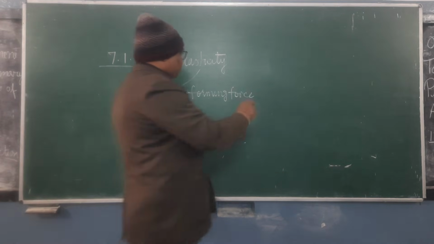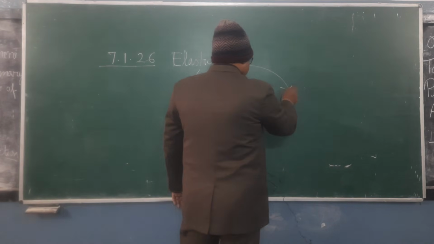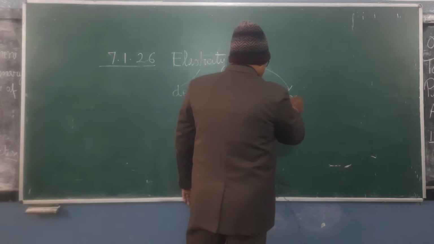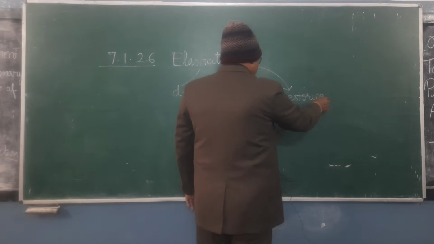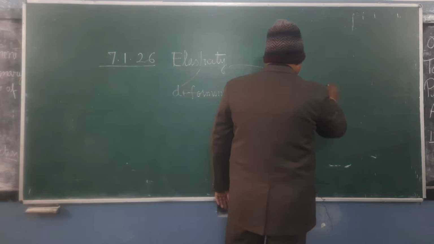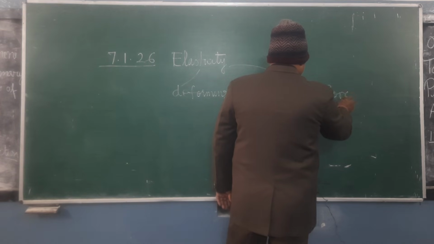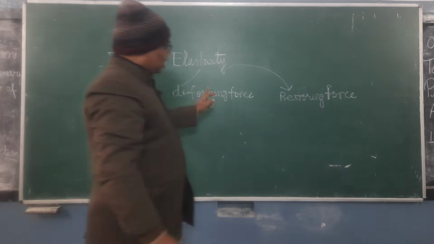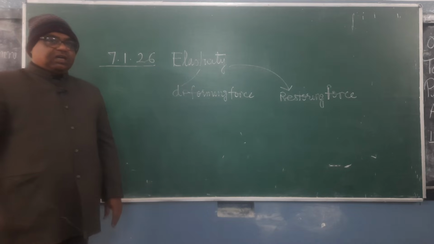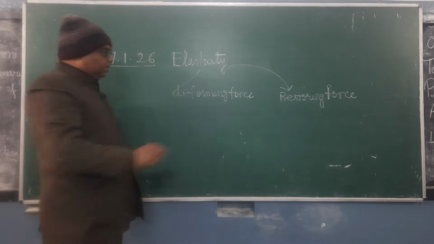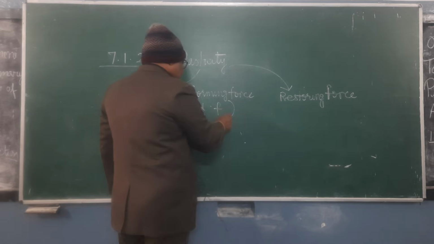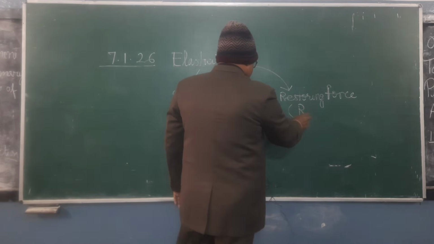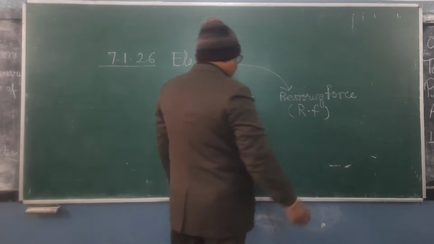And another force which brings back the body to the original shape and size, because of which the body regains its original shape and size on removal of the deforming force, which is called the restoring force. Hereafter we will call it DF and this RF, restoring force.